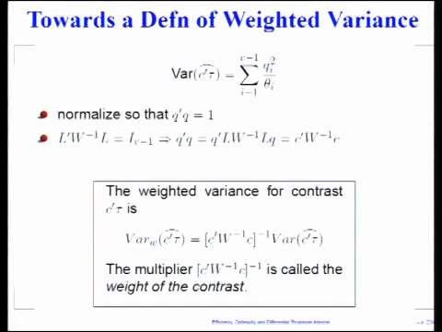It's easy to see that L transpose W inverse L is an identity matrix, so Q transpose Q, which expands like this, is nothing but C transpose W inverse C. All right, remember, W is the diagonal weight matrix.